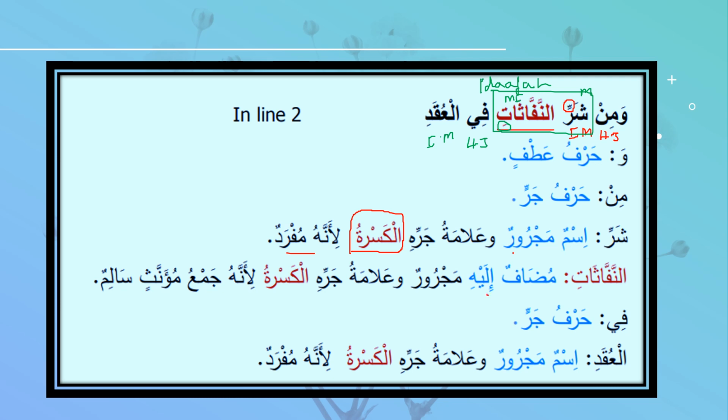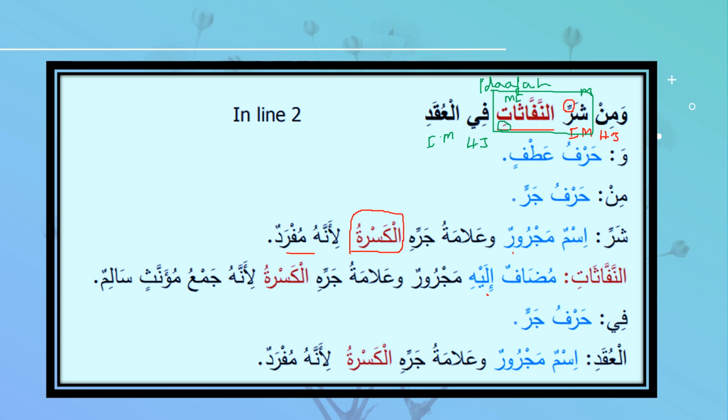Now you know nafathat, why is it in mudaf ilayhi position? Because it's in idafa. Sharrin nafathat means from the evil of the nafathat. Who are the nafathat? Nafathat are those women who blow on the knots, do black magic, and they blow on the knots. So those are the nafathat, blowers.